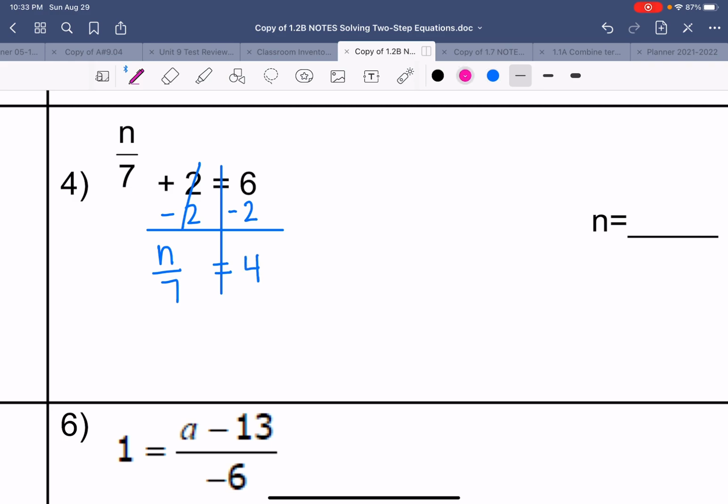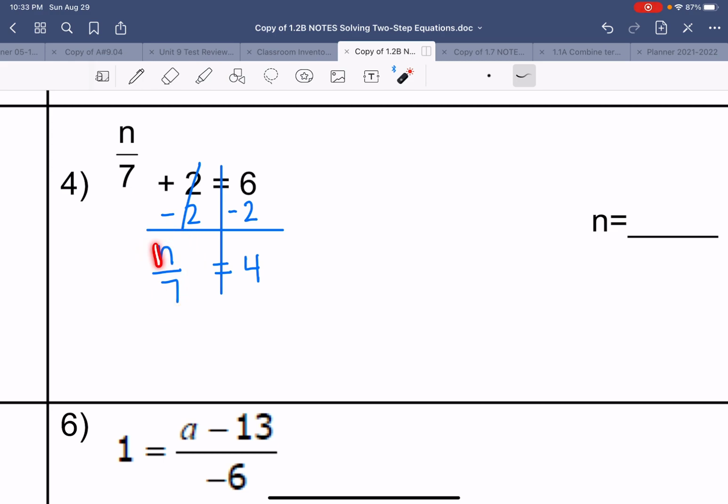Step 2 is to undo the multiplication or division, or the coefficient. Like I said in the warm-up part of these notes, we want to see if the variable is inside the fraction or outside the fraction when a fraction is present. So this n over 7 is a fraction, and n is inside.